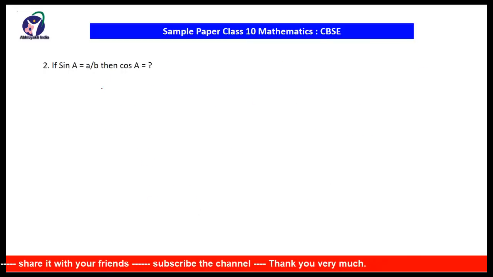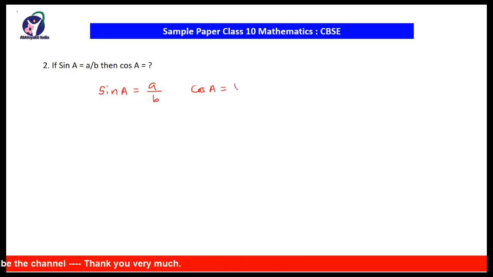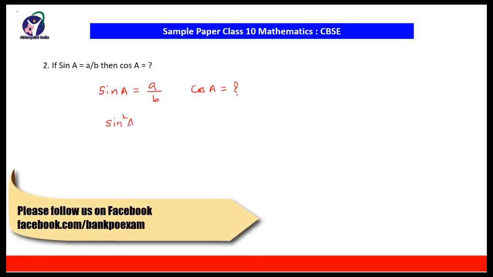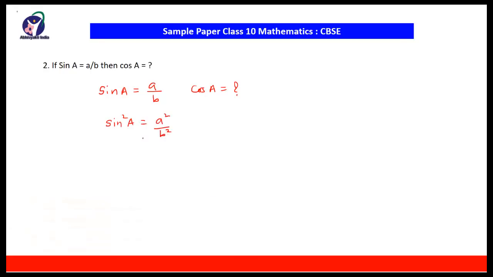The second question is that sine A is equal to a upon b, and we have to find the value of cos A. Here sine A is equal to a upon b. I take the square of both the sides, so it will be sine square A is equal to a square by b square.